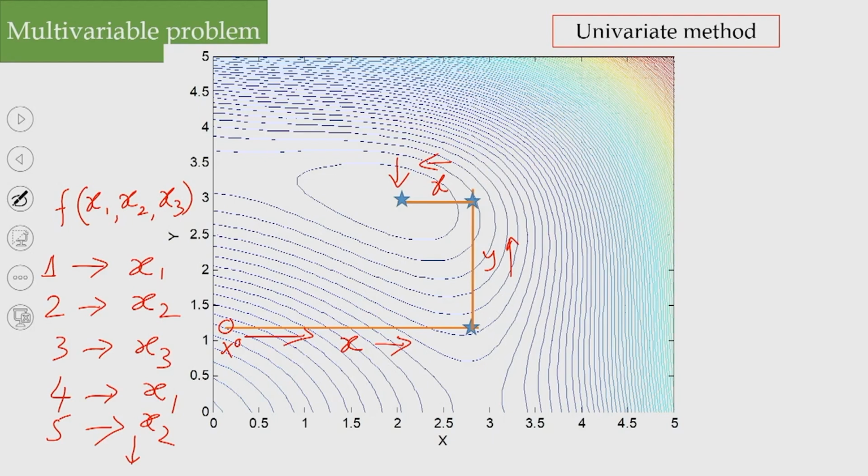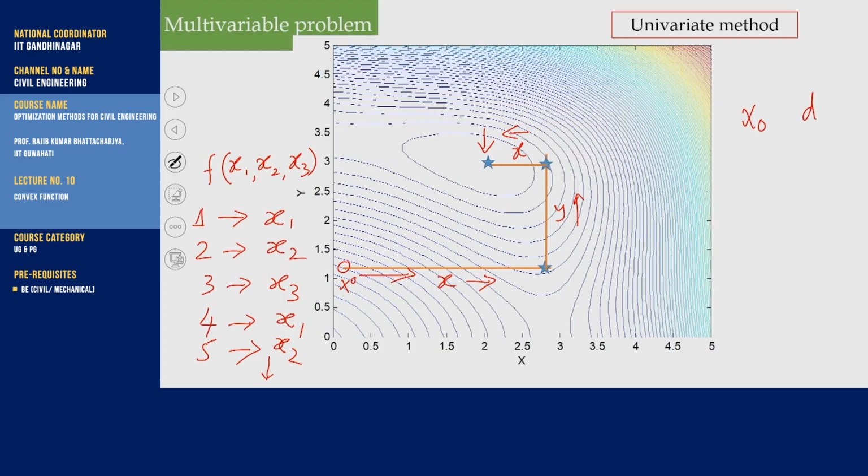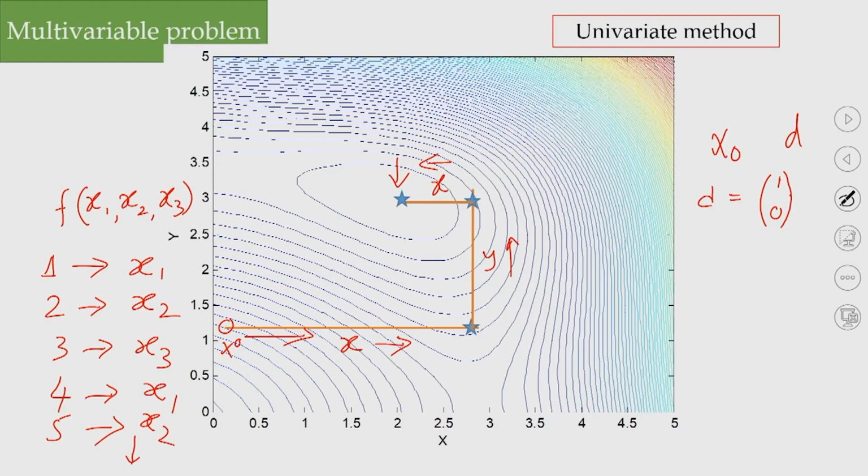What are you doing? You take an initial point, that means I start my algorithm from x naught, and you need a direction. Now, how to define a direction? If I say the direction is (1, 0), then you are going along the x direction.